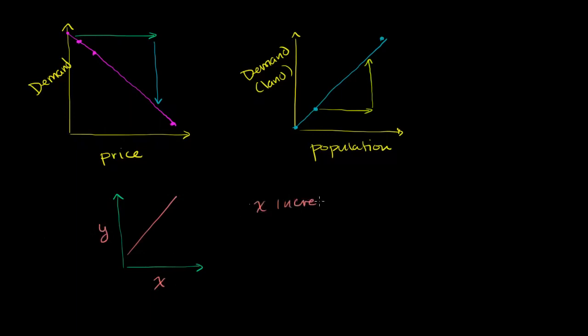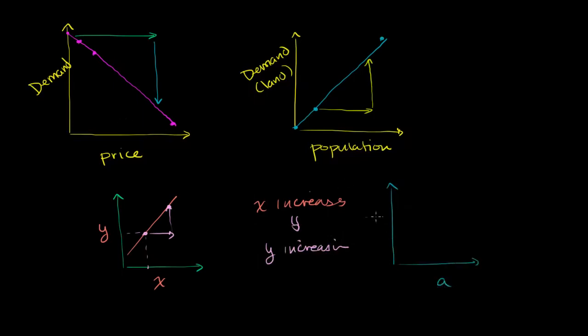As x increases, you take any x, that's the y that we're at for that x, and as you increase x, as you move in the positive horizontal direction, what's happening to y? Y is going up. So for this example, as x increases, y is increasing.